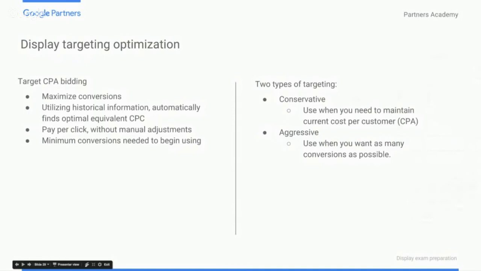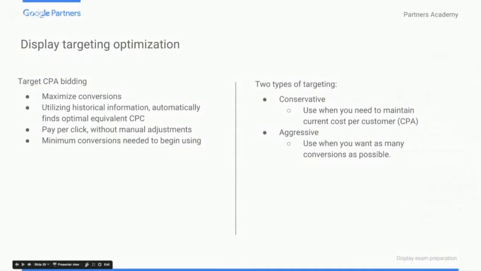If you're interested in using it, set up conversion tracking and give it a few weeks, even a month, so we have the data before you can even consider this. Using this data, our system will automatically find the optimal CPA. It's a great automated system that helps really drive conversions, and it goes back to pay per click without manual adjustments. Again, you need conversions before even using this.